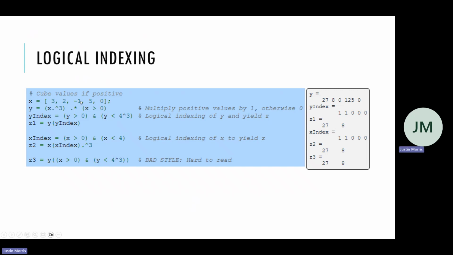We went over this a little bit at the beginning, but here we have an array X: 3, 2, -1, 5, and 0. And here we want to do what here?